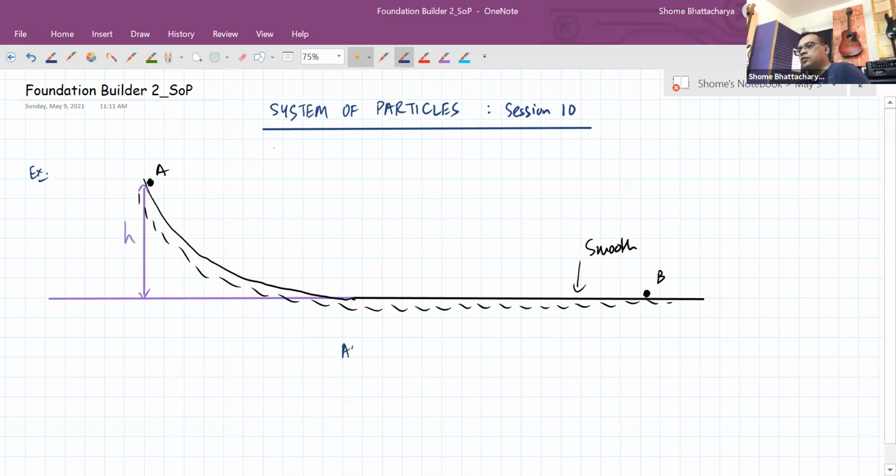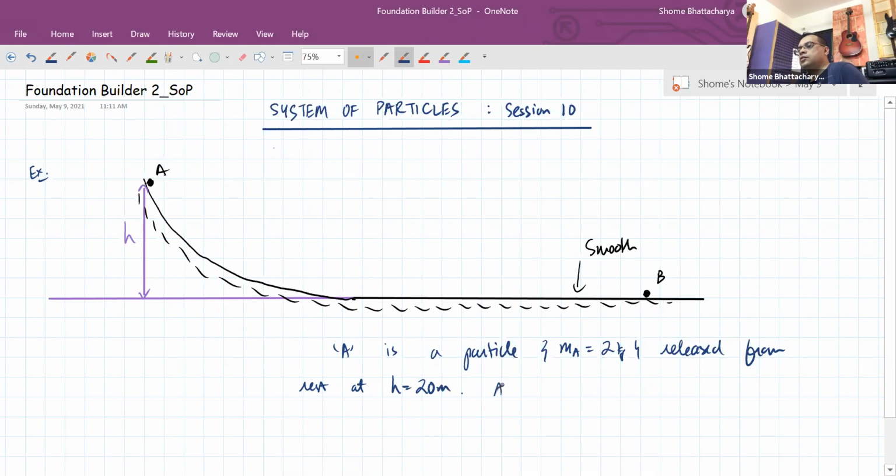So A is a particle of mass, let's say 2 kg, released from rest at h equal to 20 meters.